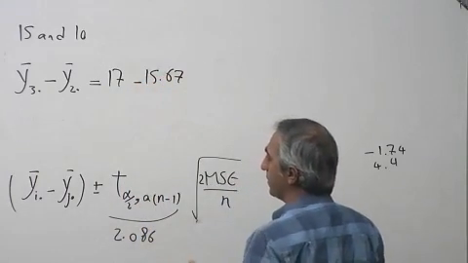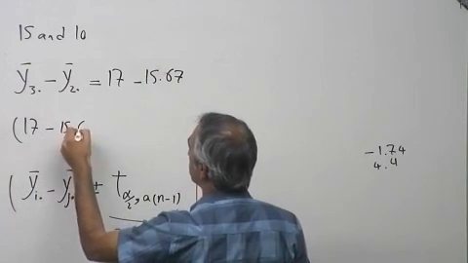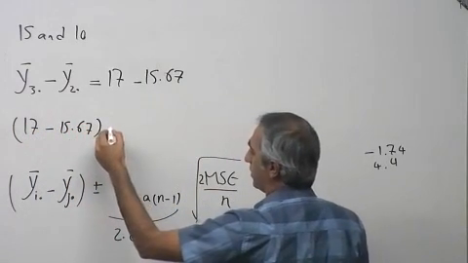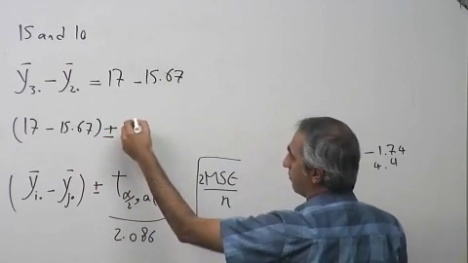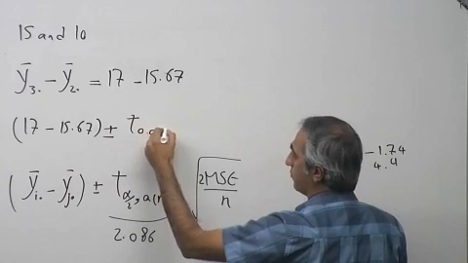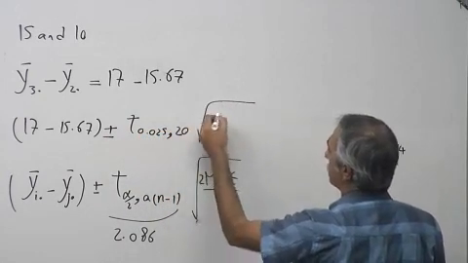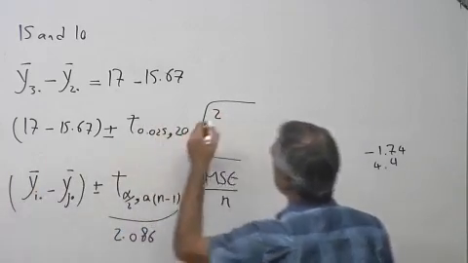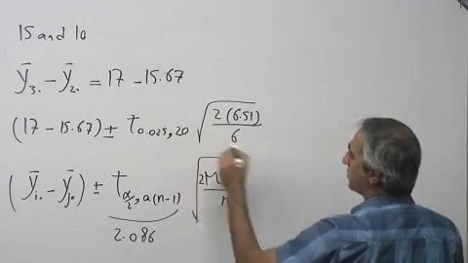So this number, plus minus T of 0.025 and 20 degrees of freedom, 2 MSE divided by n, which is 6.